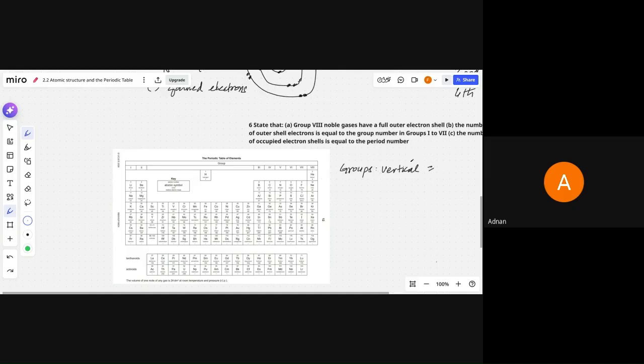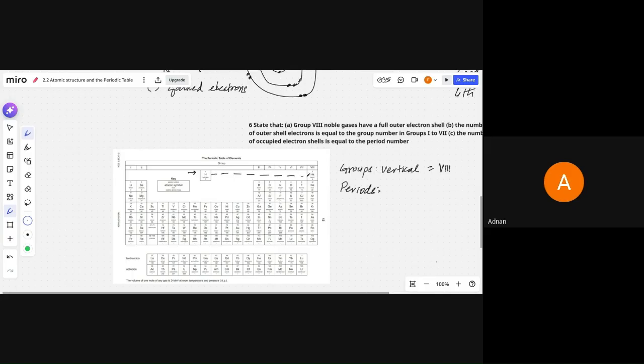Let me just write the Roman numbers, I to VIII. And what are periods? Periods are the horizontal rows, from left to right. Period 1 contains hydrogen and helium.